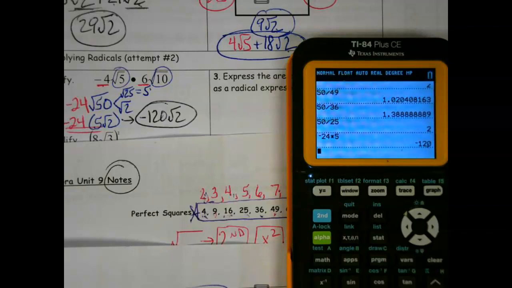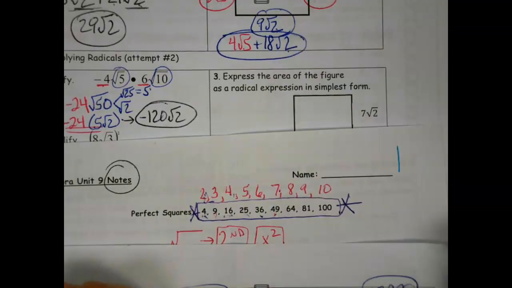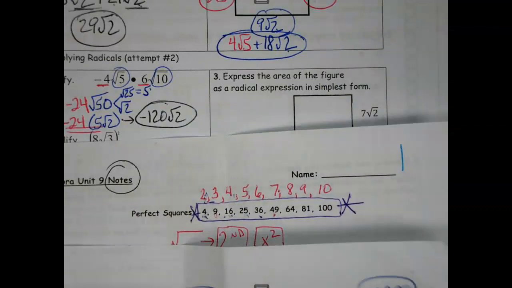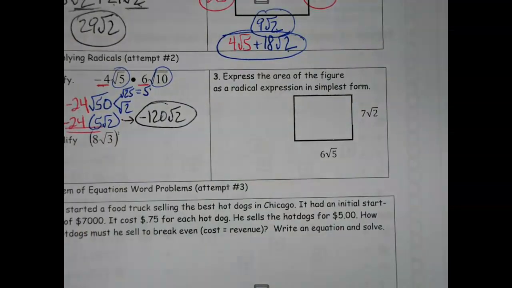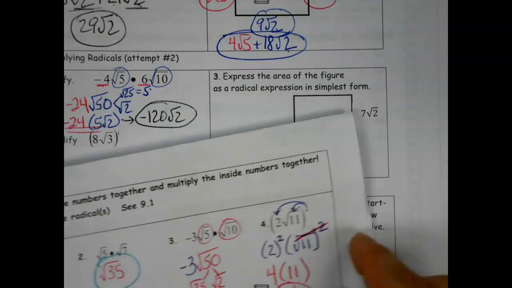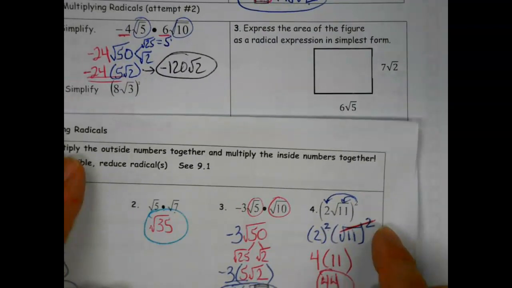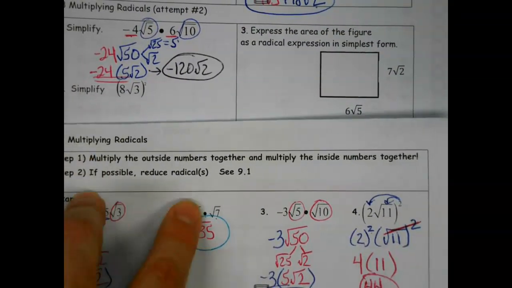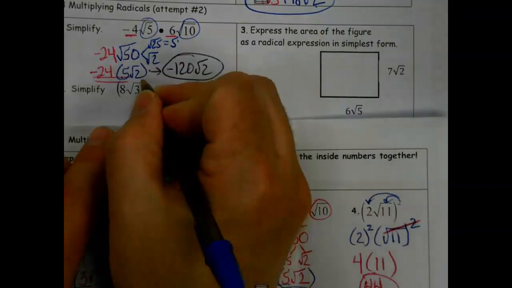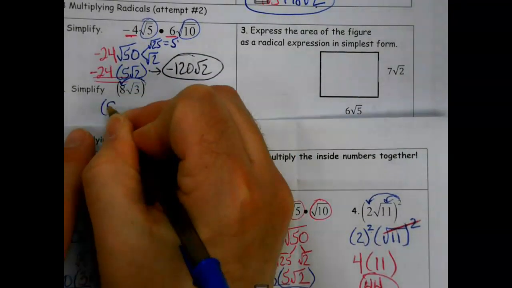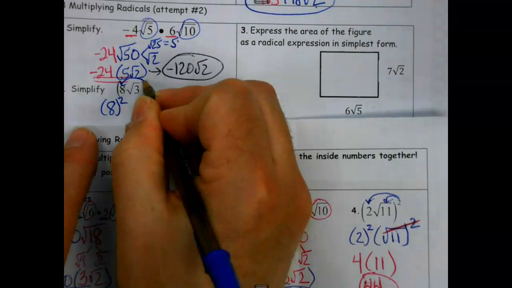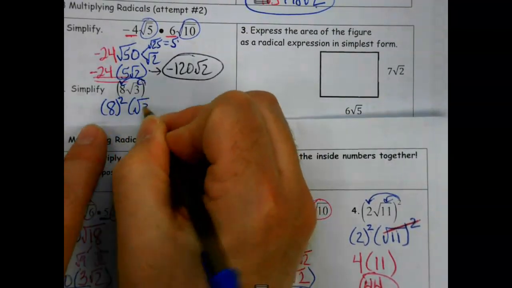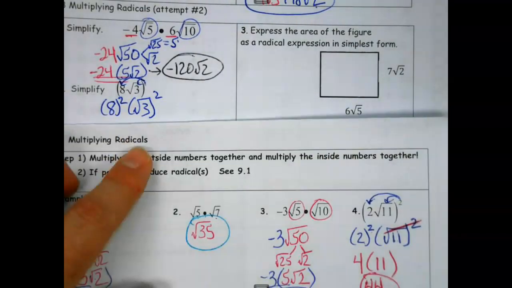So as we're doing these, you're like, ooh, what's going on there? Okay, I got an example for that too. In this case, my squared goes to the 8 and goes to the square root of 3 to each one.